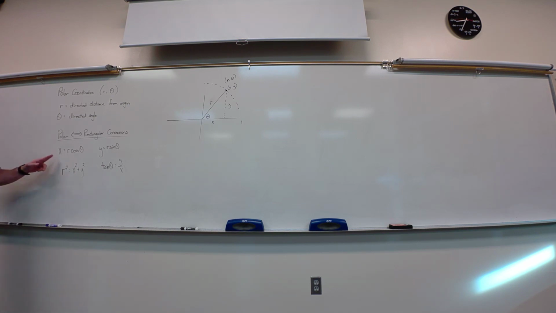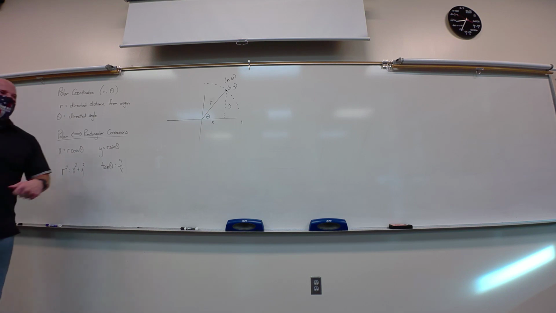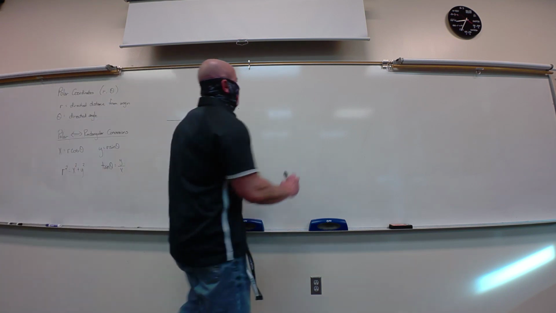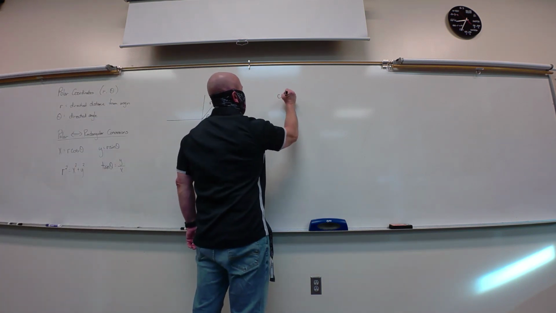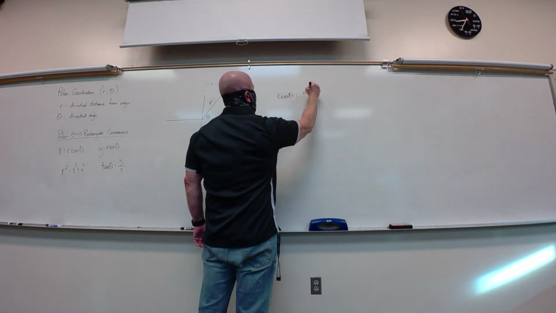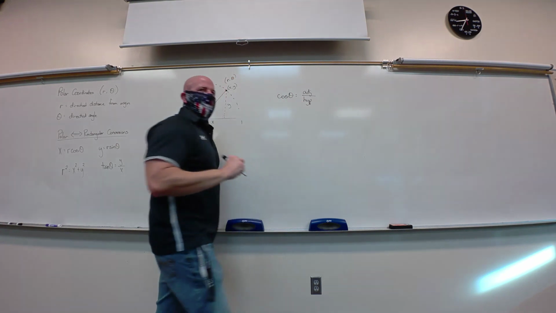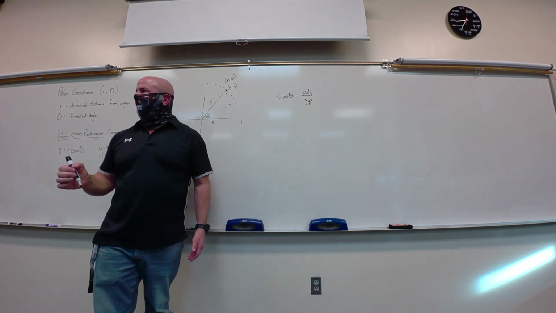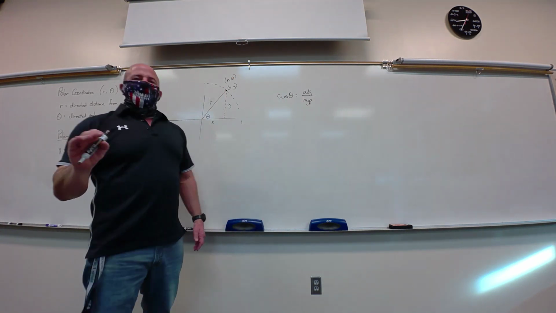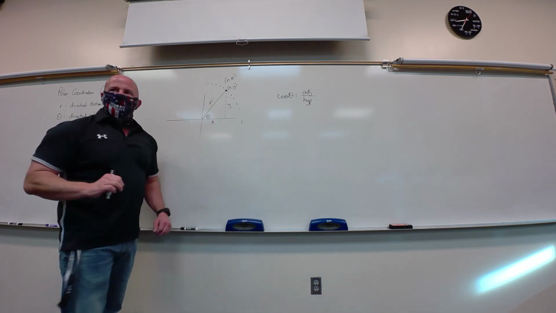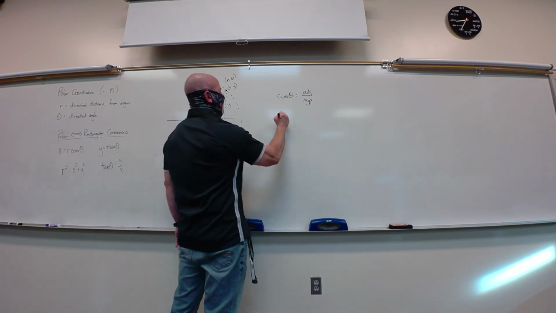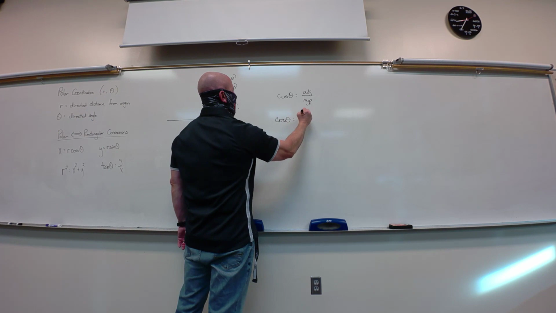These two look different, but it's what you've done before. Let's look at cosine, for example. You originally thought of cosine as adjacent over hypotenuse. Everybody agree with that? Okay, so then if you look at this triangle, cosine would be x over r.